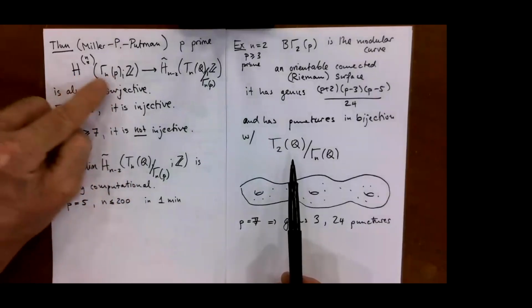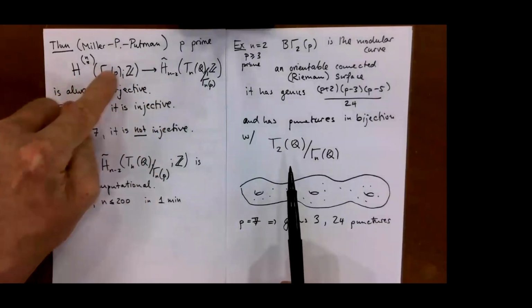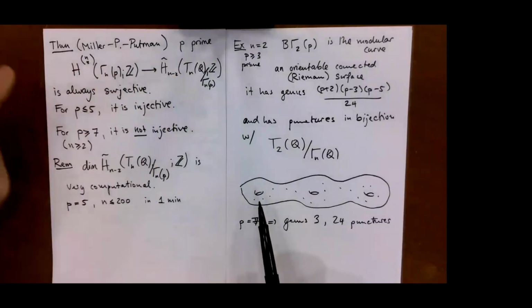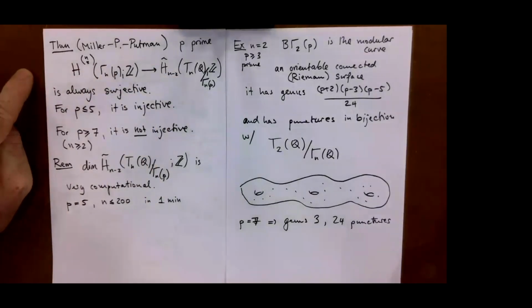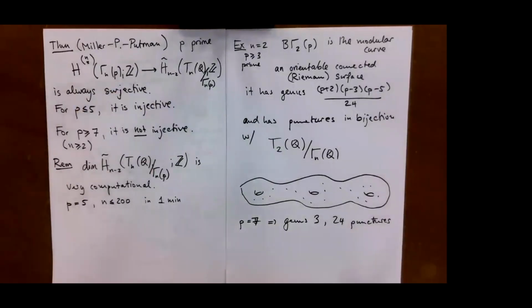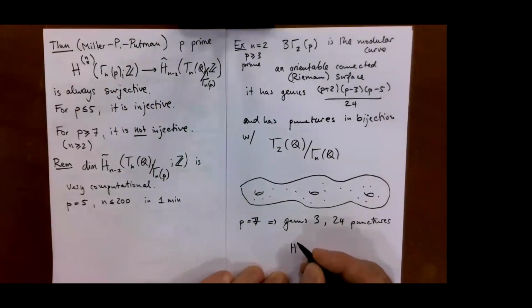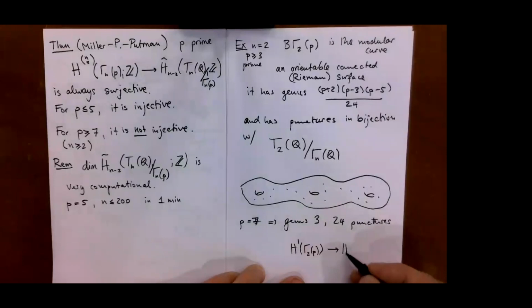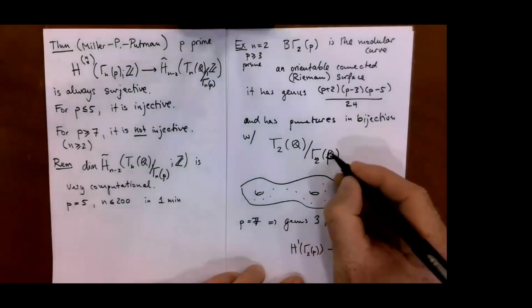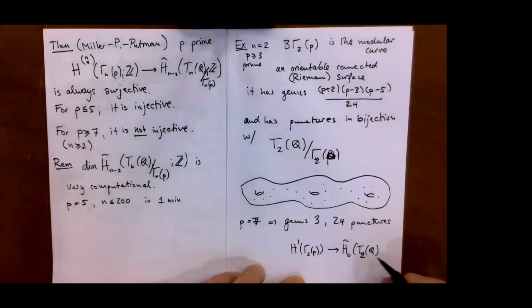So for p equals 7 and n equals 2, you can see now there is a surjection, and the kernel is exactly the homology that comes from the genus. In particular, this means that H1 of gamma 2p has a surjection onto the reduced homology of this, mod p.